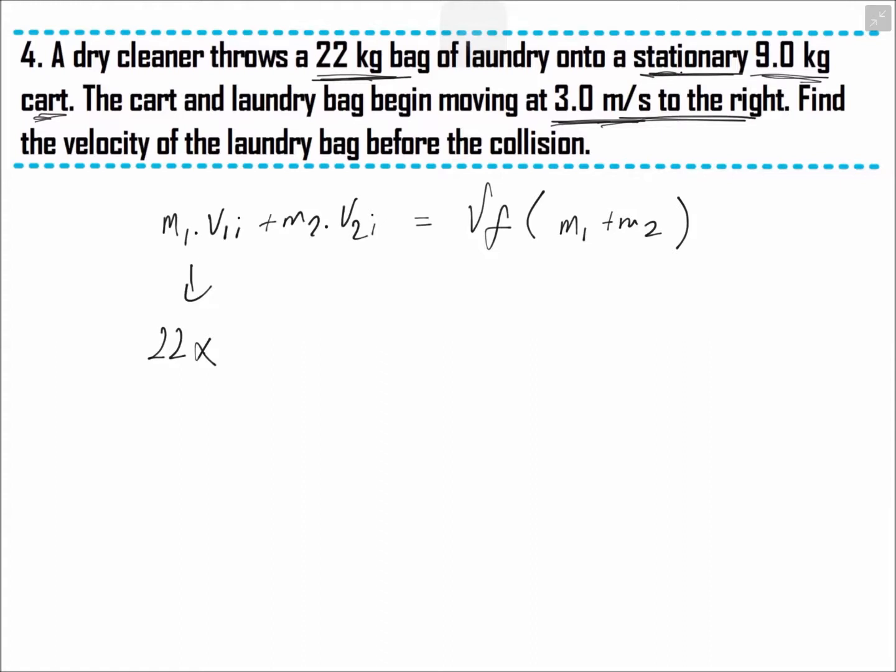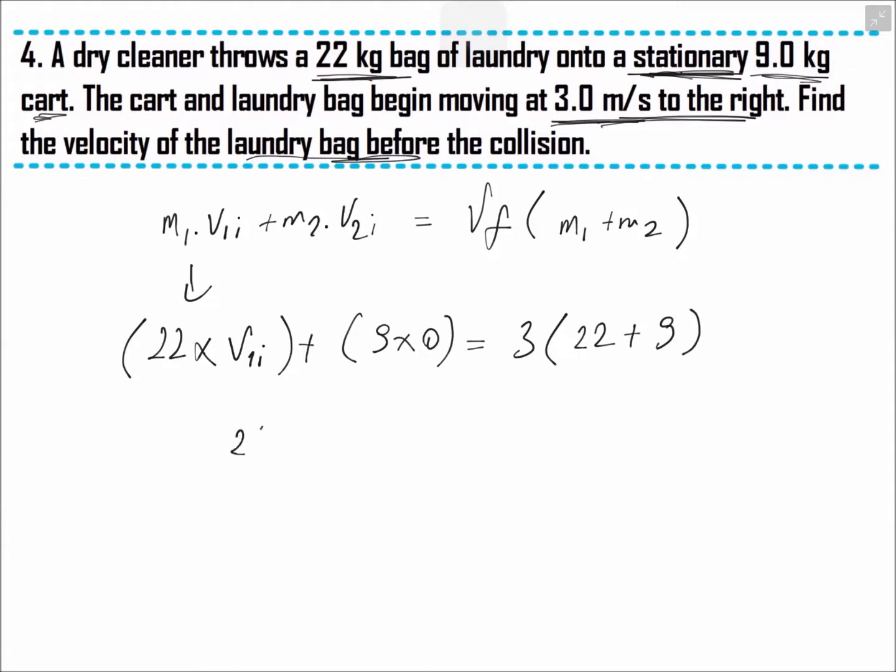It says find the velocity of the laundry bag before the collision, so it's asking for v1 initial. Plus m2 is the 9 kg, but it says it is stationary, so its velocity is 0. Final velocity of them is 3 meters per second to the right, so it is 3 times m1, which is 22, plus m2, which is 9.